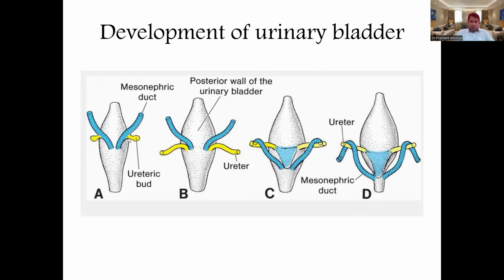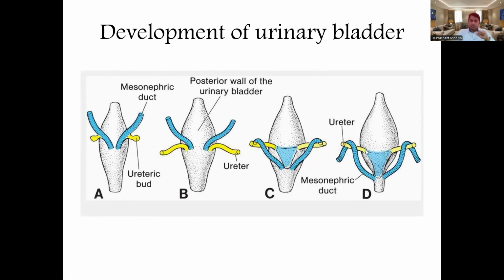So what I said is that both of them get absorbed inside, and as the development happens, the wall grows further, it gets differentiated, and you will find this triangular area which is contributing into the bladder is the internal trigone. So there is an internal trigone in the interior of the bladder.